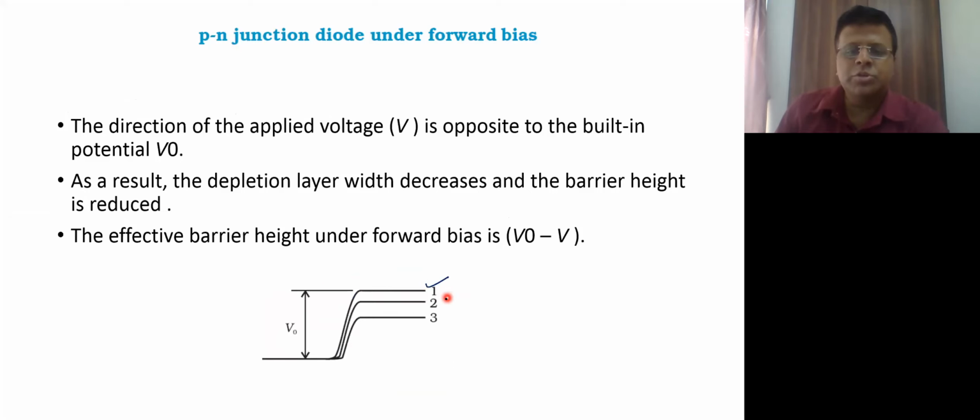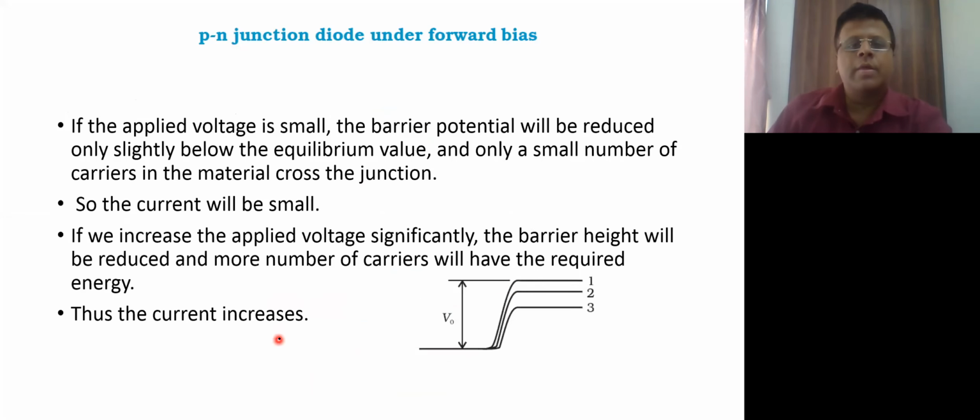So these are just showing different values. Depending upon the magnitude of the forward bias applied, you could change the barrier potential. That's a very simple diagram, nothing new in that. So the whole result of decreasing the barrier potential, as we have stated before, is that the net current is going to increase.